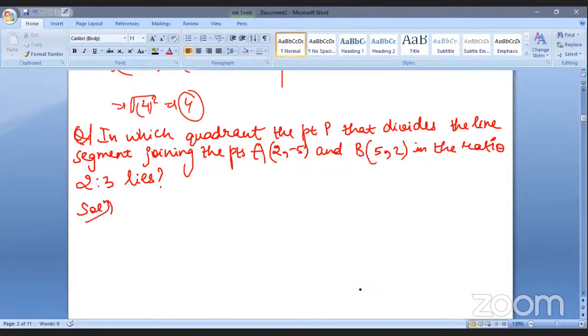Distance formula. In which quadrant does the point P that divides the line segment joining these 2 points in the ratio lie?